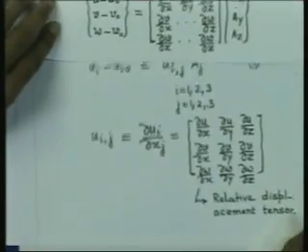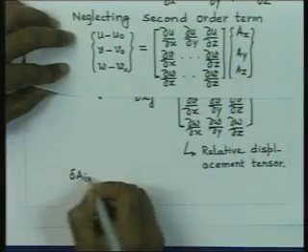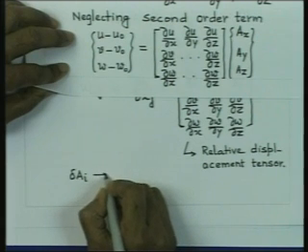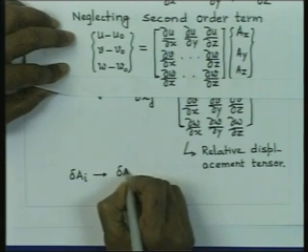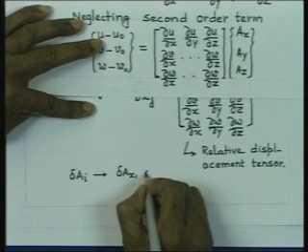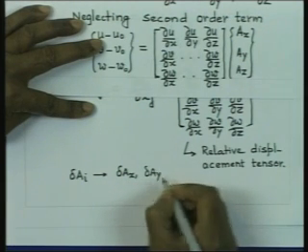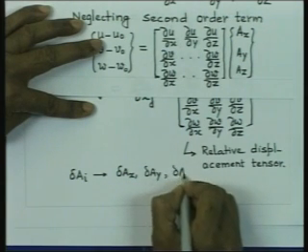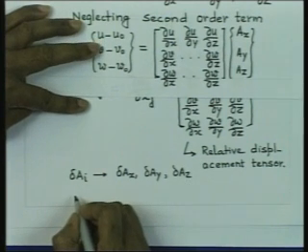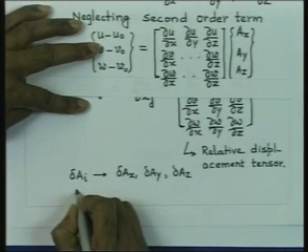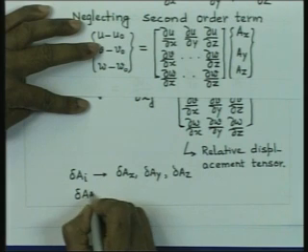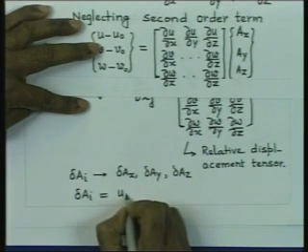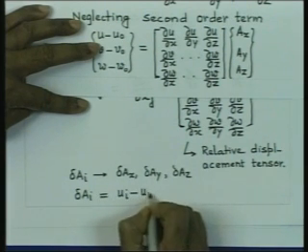So, the change in the length of the distance PQ, if we indicate by delta ai, then we will have the components of the change are delta ax, delta ay and delta az. Then it is very easy to realize that this delta ai is nothing but ui minus ui 0.